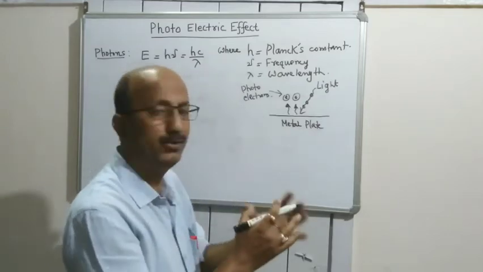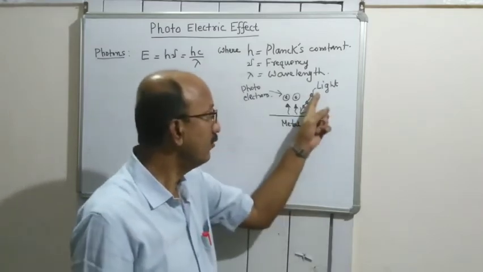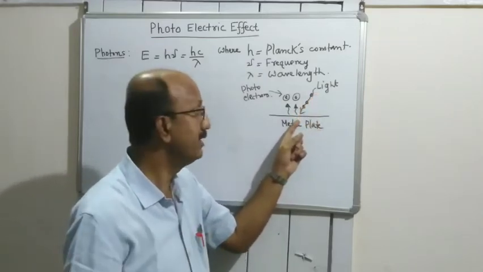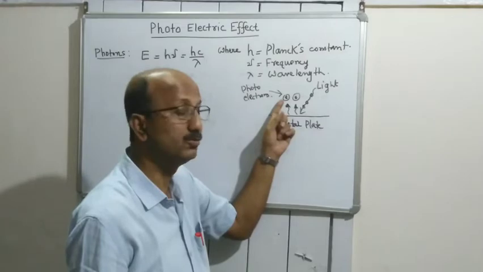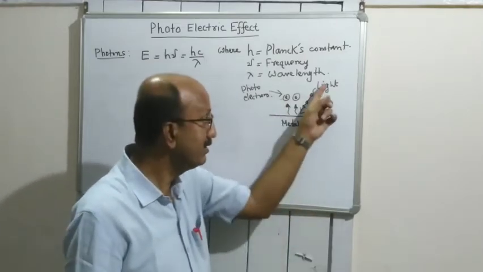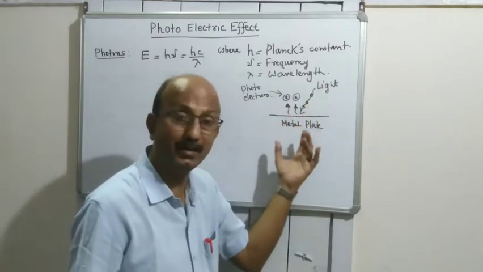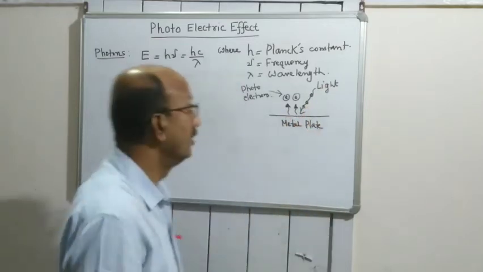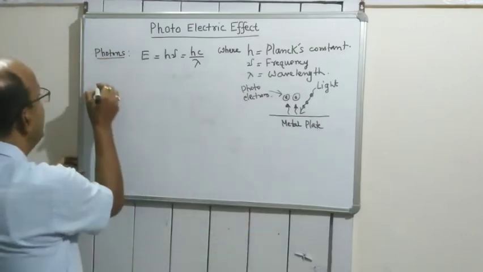So somehow if you can increase the number of photons falling on the metal plate, then definitely we can increase the number of electrons which are emitted from this metal surface. And one way to increase the number of photons falling on the metal surface is to increase the intensity of light.